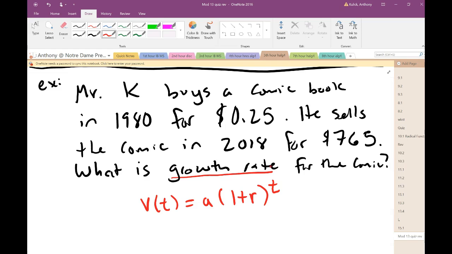What value goes in for V of t? 765. What value is going to go in for A? 0.25. And then R is what we're solving for. And then what value is going in for T? 38. Everybody happy with this?